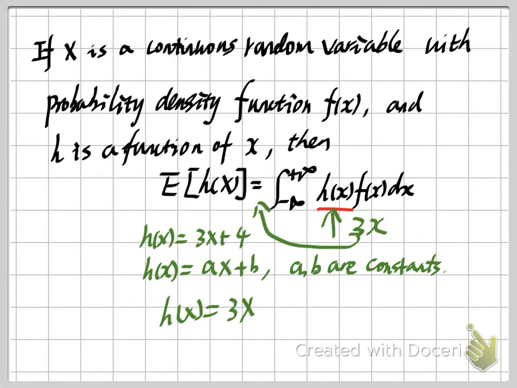So this becomes 3 times the integral from negative infinity to positive infinity of x times f(x), which is 3 times the mean of X. So the mean of 3X is equal to 3 times the mean of X.